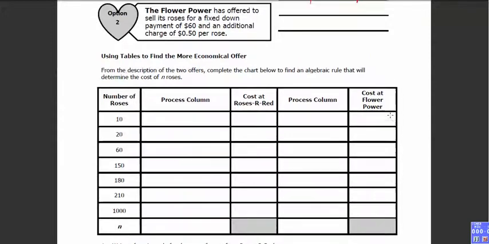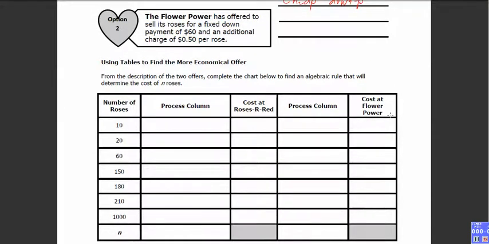It says, from the description of the two offers, complete the chart below to find an algebraic rule that will determine the cost of N roses. So we start with the process for Roses Are Red. We know that we're going to have to pay 20 no matter what, right? And then we're going to have to add on 0.75 for each of 10 roses.